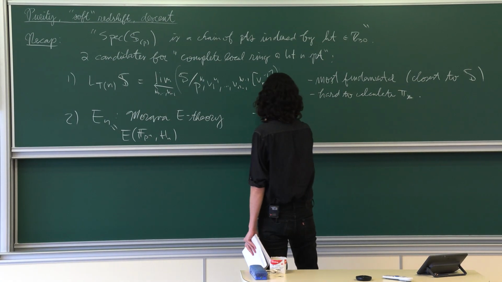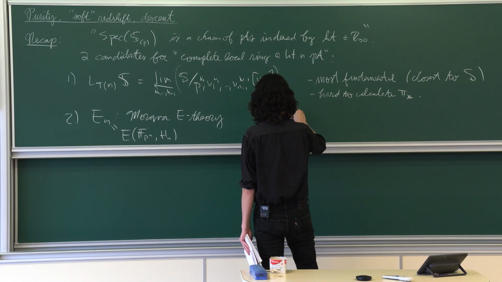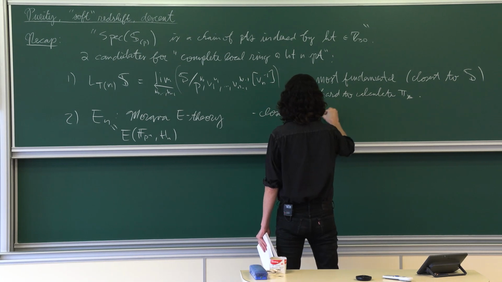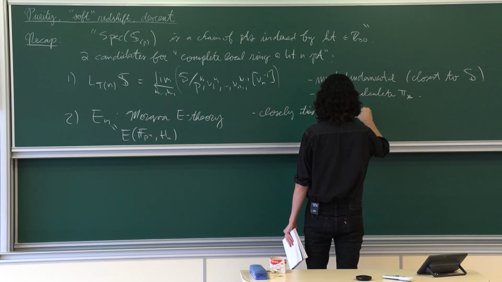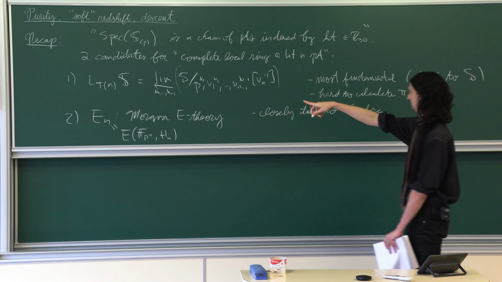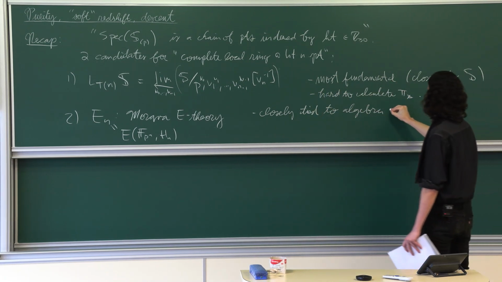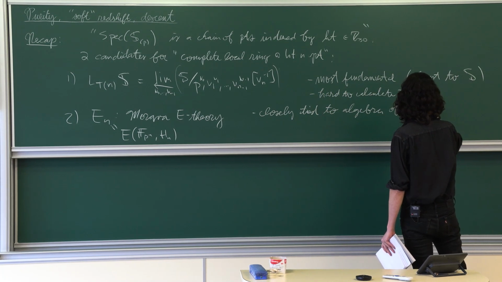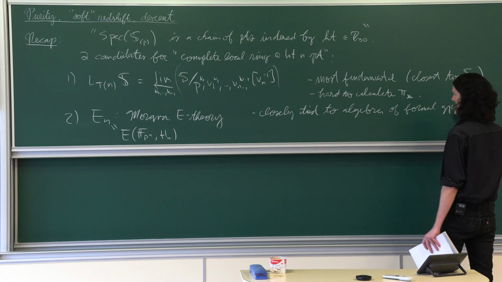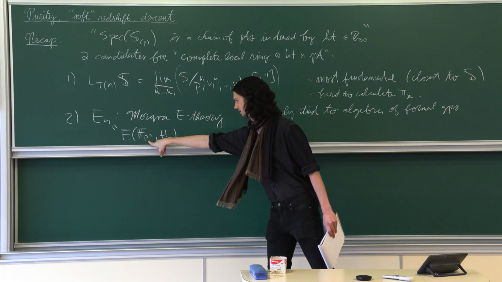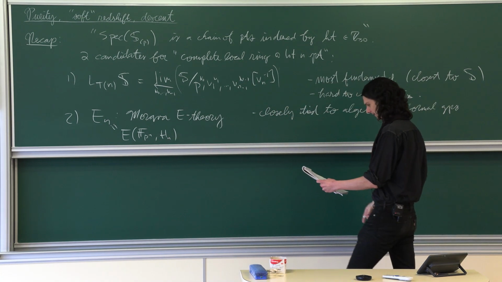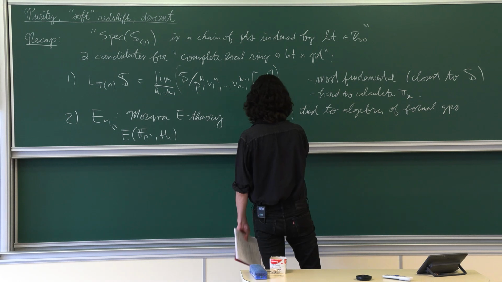And this one is closely tied to algebra, as opposed to topology, which is what we're seeing here. So the algebra of formal groups, more specifically. It's literally a functor which takes as input formal group data. And the homotopy is very simple.